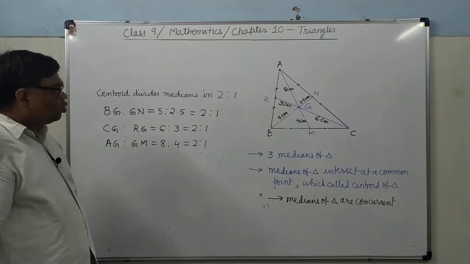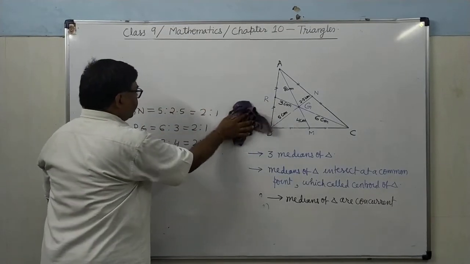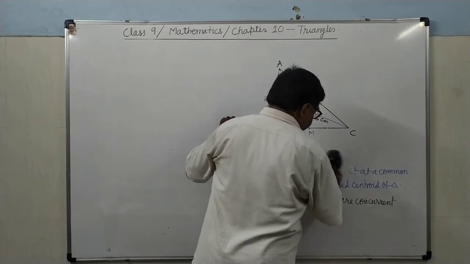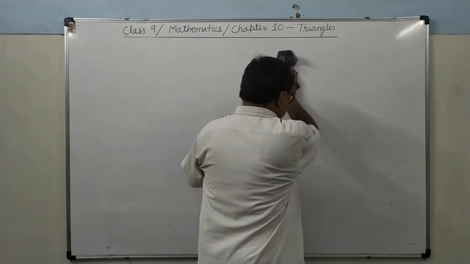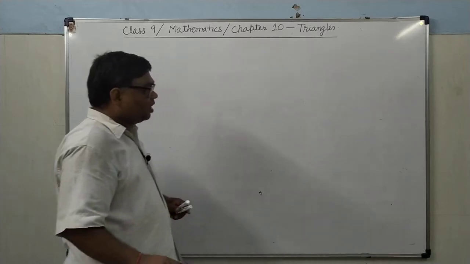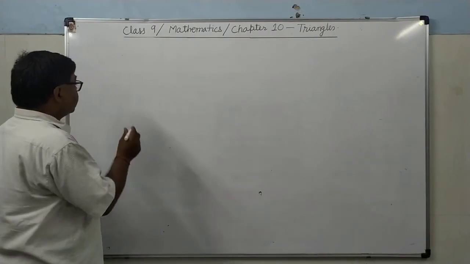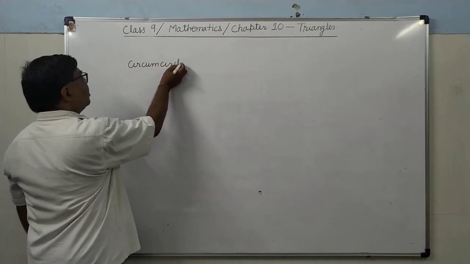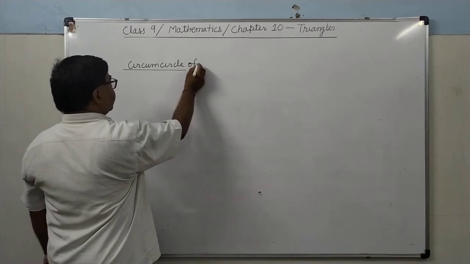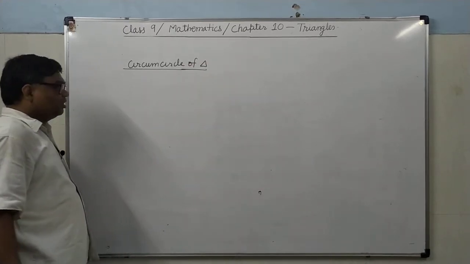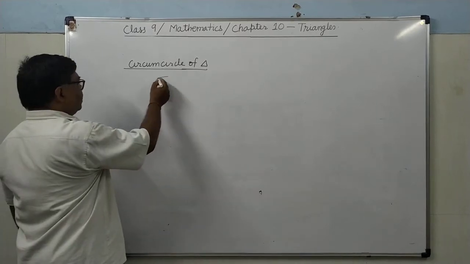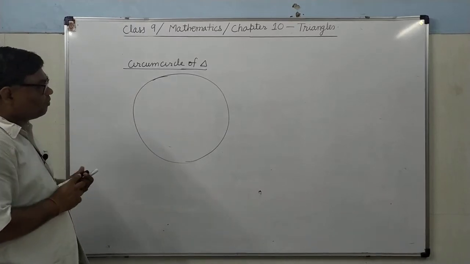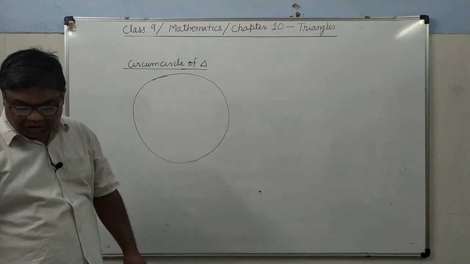Now there are two more things, circumcircle and incircle. Circumcenter and incenter, what are these? See here, what is the circumcircle of a triangle? The circumcircle of a triangle is that circle which passes through the vertices of the triangle.